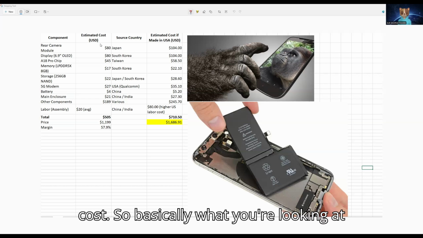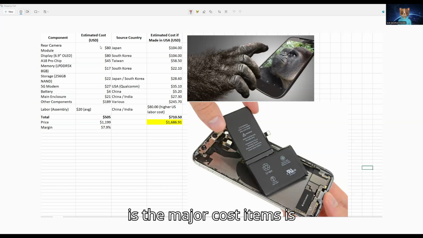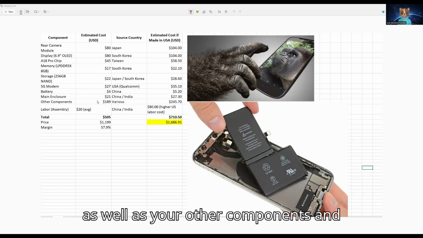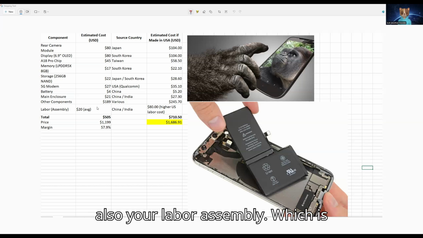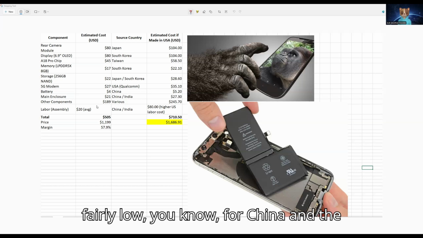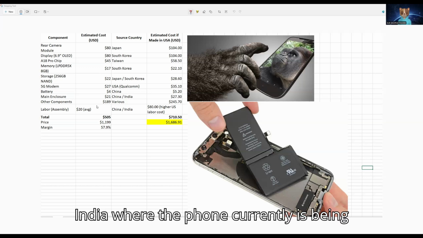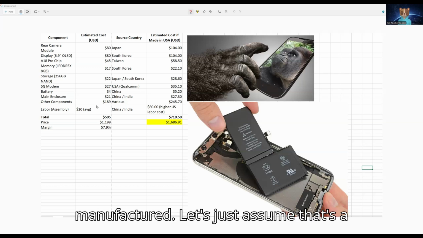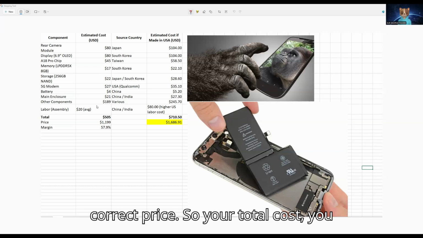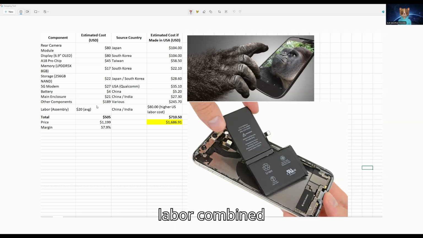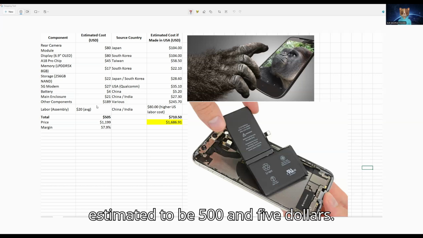The major cost items are your camera, your display, your A18 chip, as well as your other components, and also your labor assembly, which is fairly low for China and India, where the phone is currently being manufactured. Let's just assume that's a correct price. So your total cost for all those components and the labor combined is estimated to be $505.